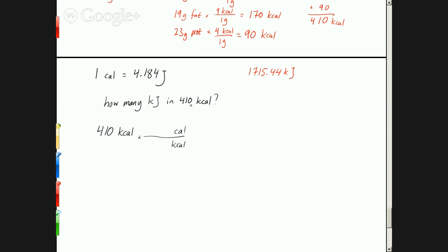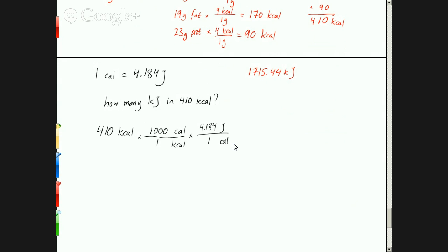We'll talk about a little bit of a shortcut here too. So we're going to go kilocalories into calories, and then use our conversion to get calories to joules. And that's lowercase cal.